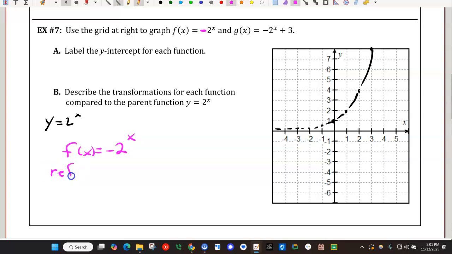With enthusiasm, I like it. So that's a reflection across the x-axis. Yeah. So we take each one of these and, that's what I said, x-axis. Yes. Thank you. Here we go.